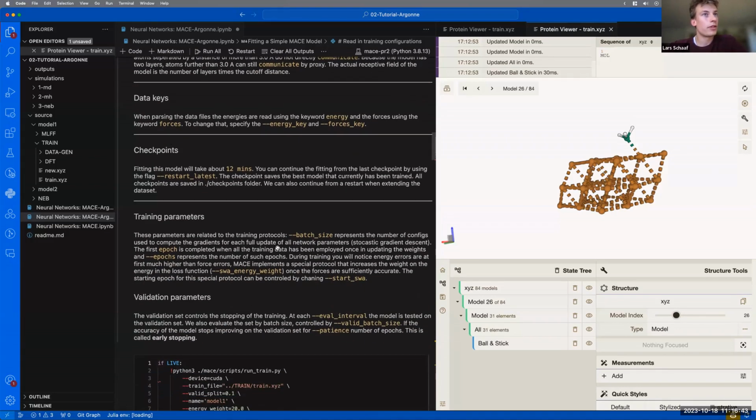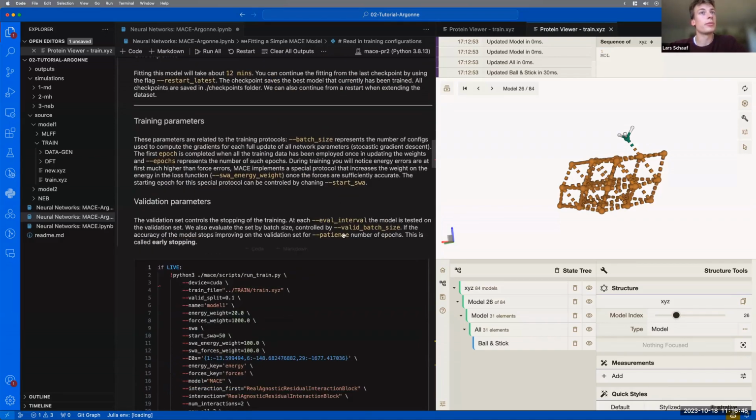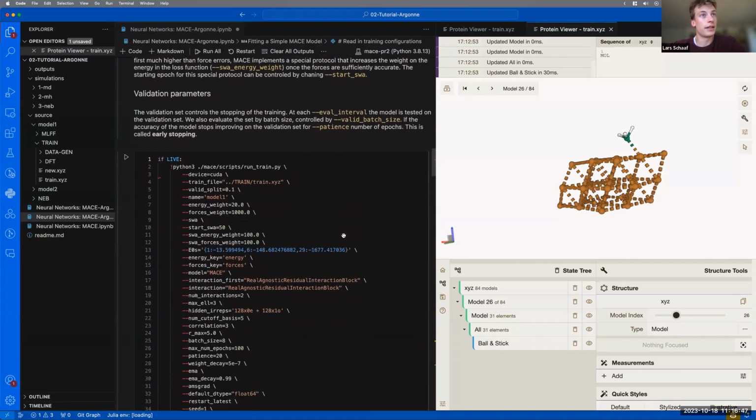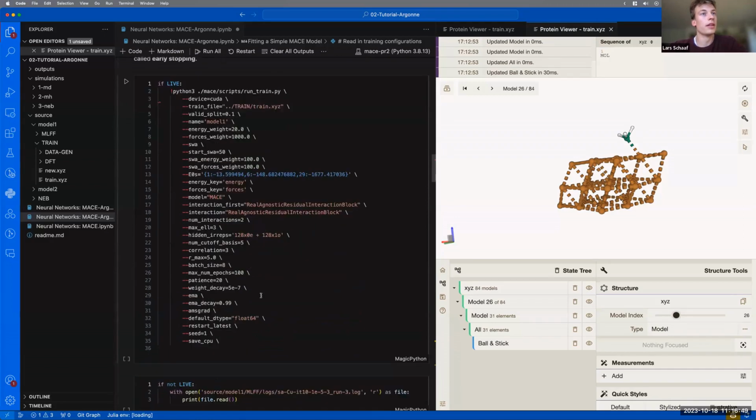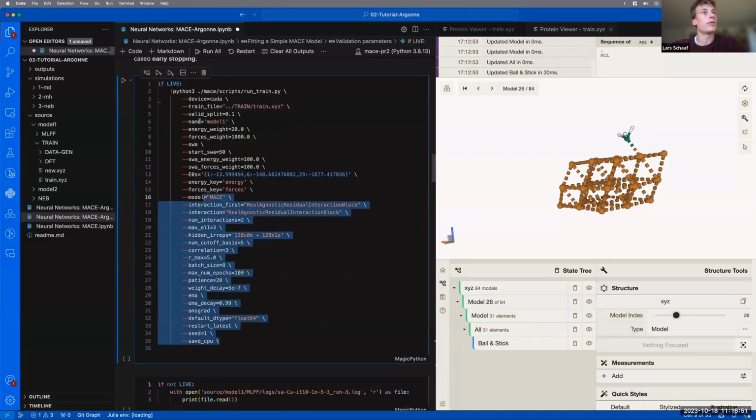And so there's a bunch of other small parameters, but these you can really leave at their default values. And so here we've created a quick fit. This is a quick fit, so it's only 100 epochs long. Starting off with 50 epochs trained with an energy and force weighting of 20 and 1,000, because we're both including energies and forces in the loss function.